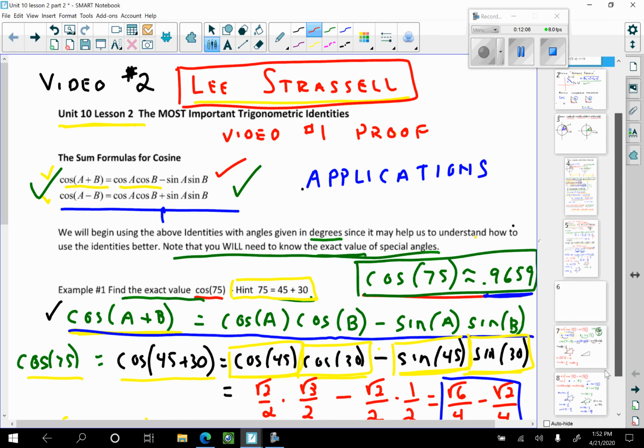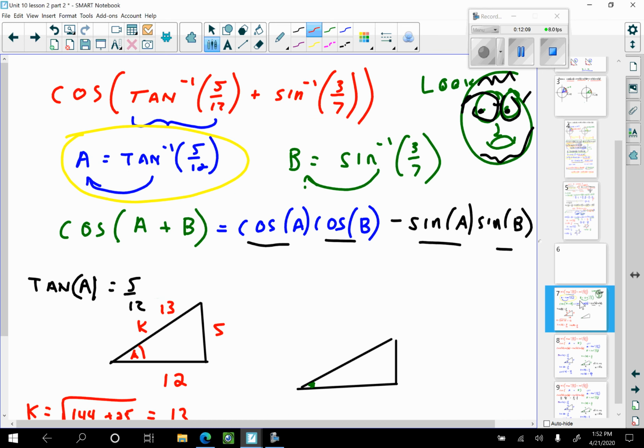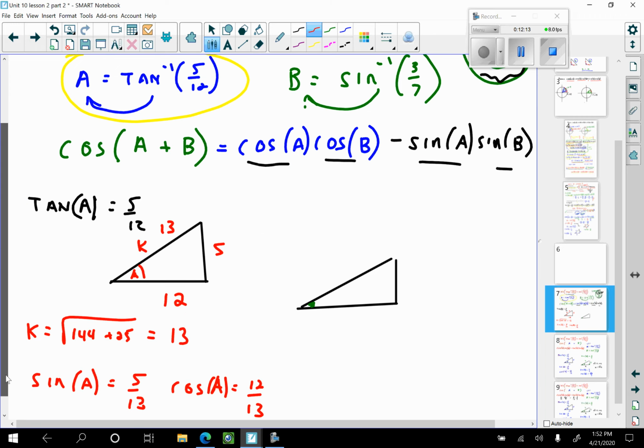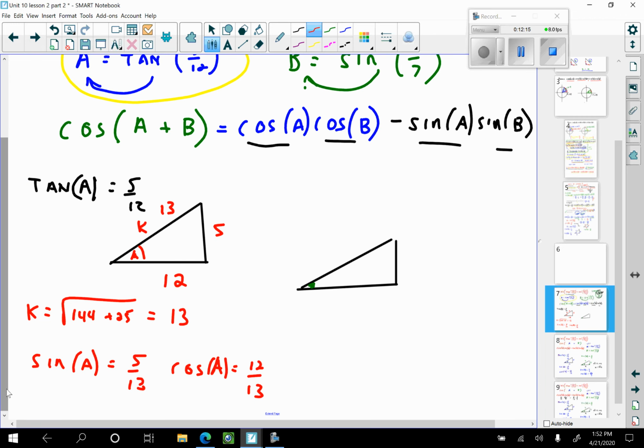Okay, so the sine of A is 5/13. We're going to put that here. And the cosine of A is 12/13. And what I need now, the cosine of B and the sine of B.